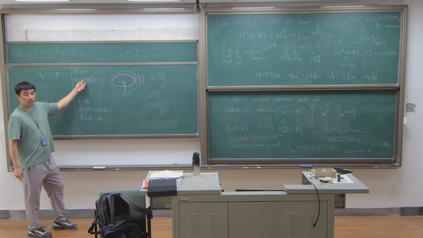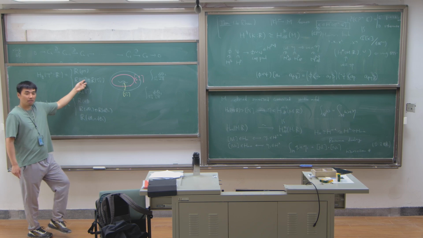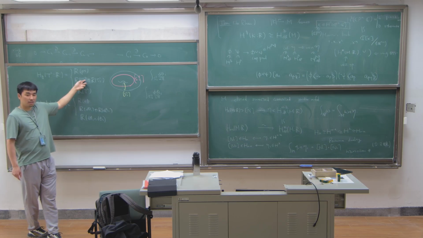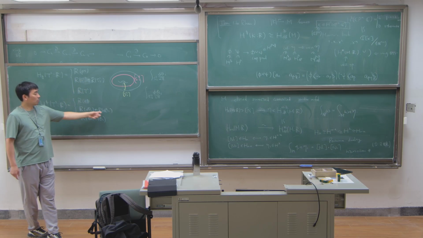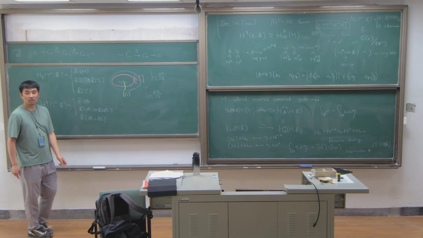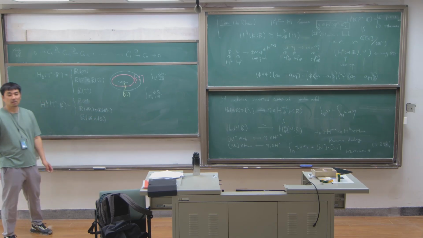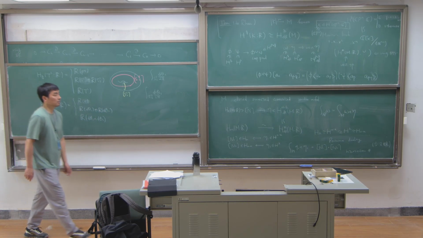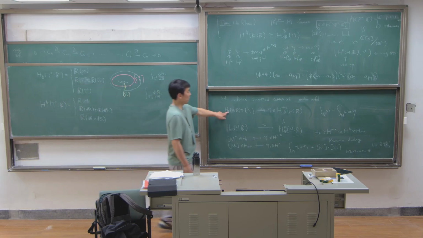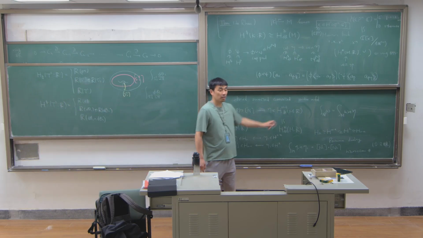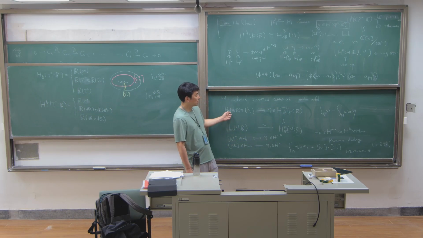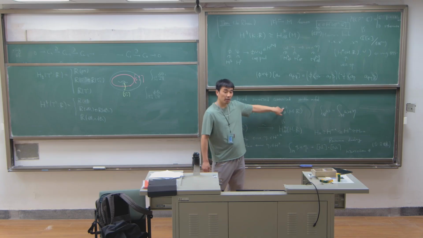What's the dual of S11? Either this guy or this guy. So Poincare duality: Hk is mapped to H n minus k, right? Now k is equal to 1, is mapped to H upper 1.